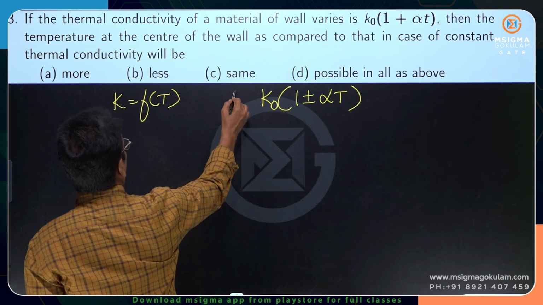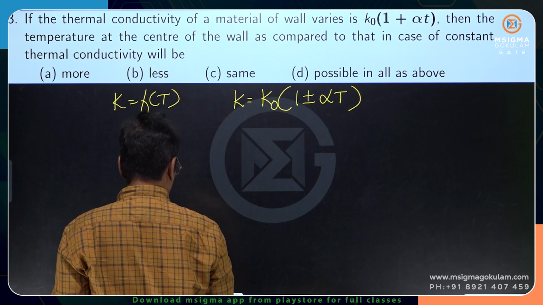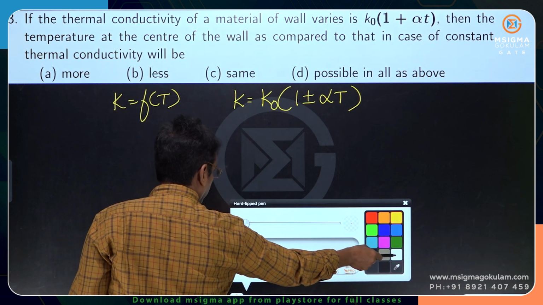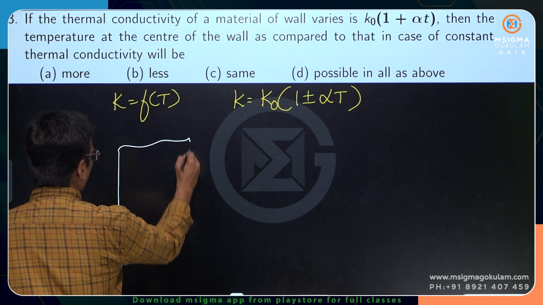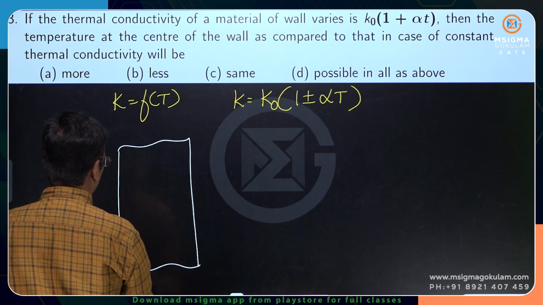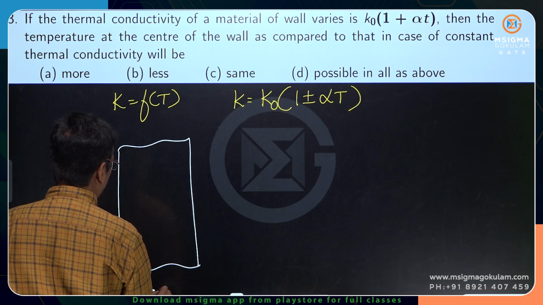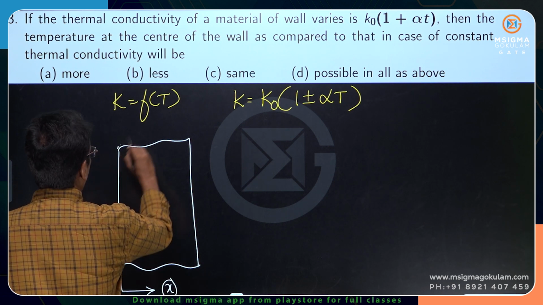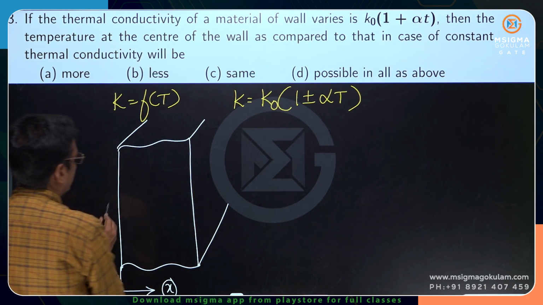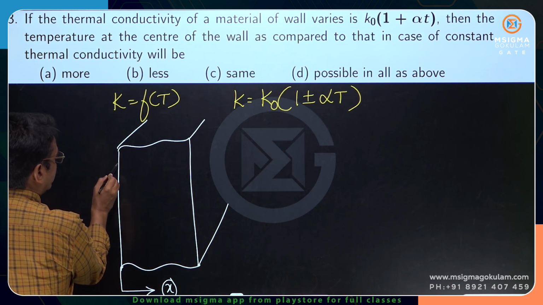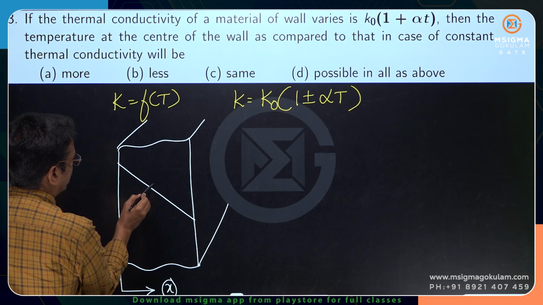In such a case, consider one-dimensional conduction through a slab, with x as the direction. We know that if K is constant, temperature drops linearly.